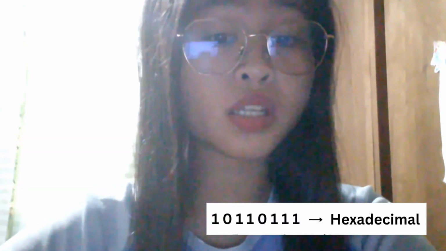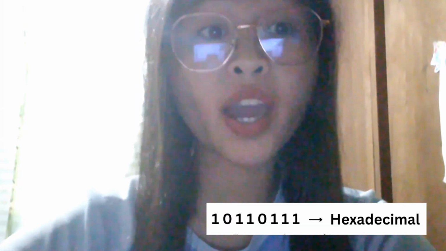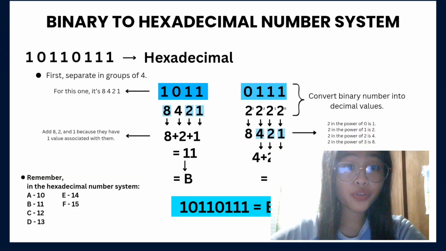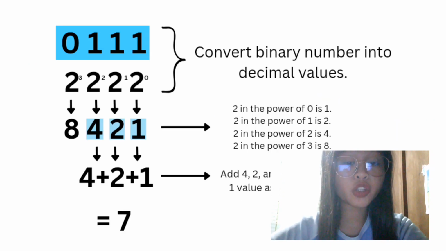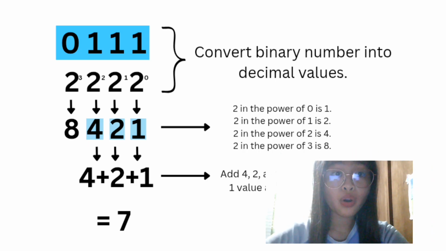How do we convert binary number system 10110111 into hexadecimal? The first thing that you want to do is separate these numbers into groups of 4, like this. The first group that we have to convert is the second group of 4. So, convert binary numbers into decimal values.